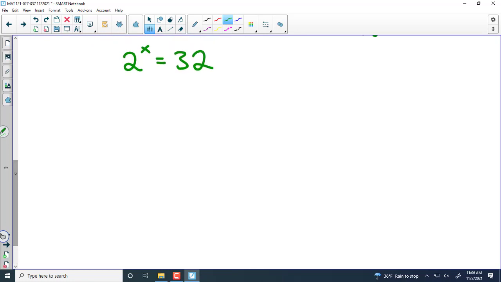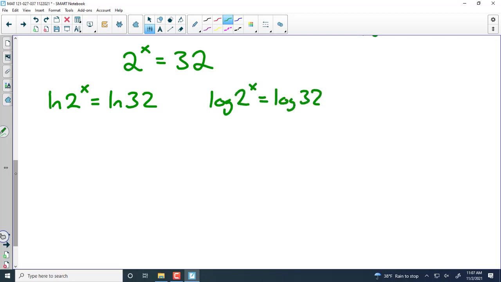I can either do ln on both sides, or I could do log on both sides, or it turns out I could actually do any base I want on both sides. And regardless of what base I do, I can bring that x down using the power rule.